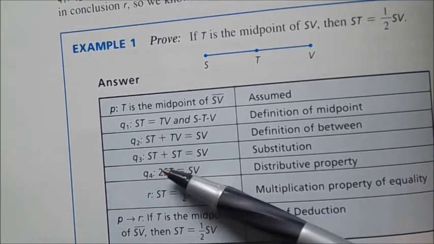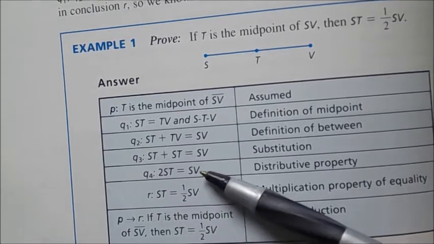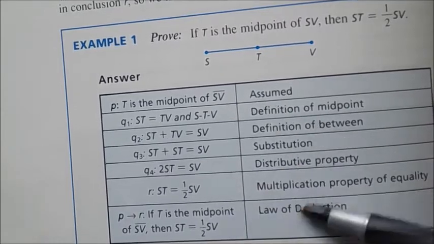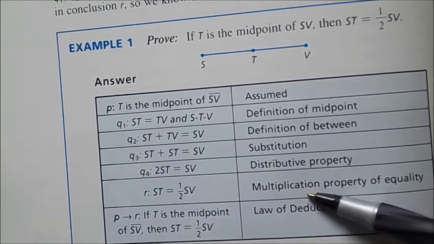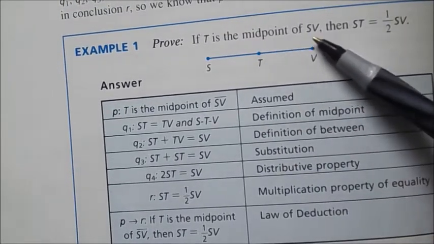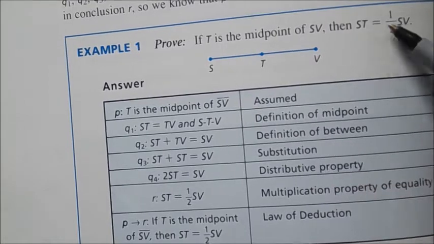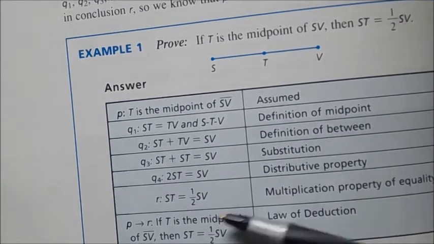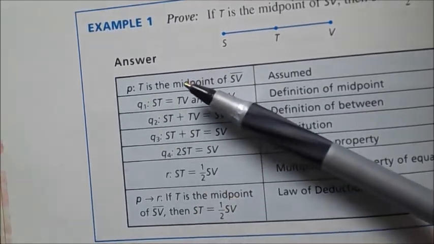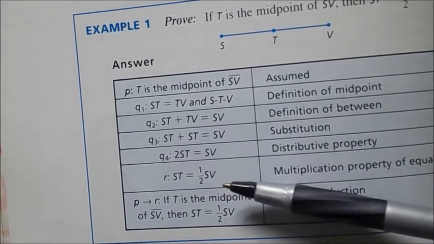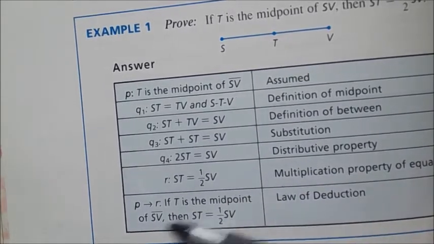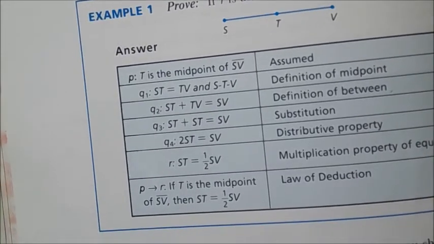Then what happens is this is a 2ST going to an ST, SV, half SV. It looks like they divided both sides by 2. So dividing is actually multiplication, right? So it's the multiplication property of equality. So we got what we wanted. We said if T was the midpoint of SV, which is what we started with, then we would get that ST is half of SV, and we found that. So you restate it saying if T is the midpoint of SV, then ST is half of SV. And you get to just put the full thing all together and just say that your reasoning for that is the law of deduction.